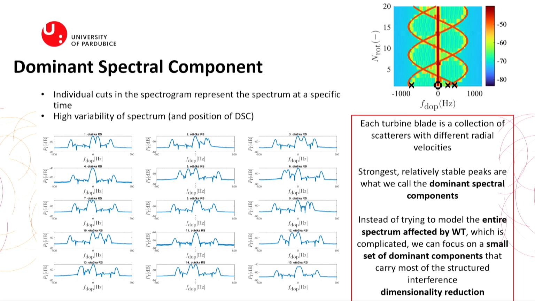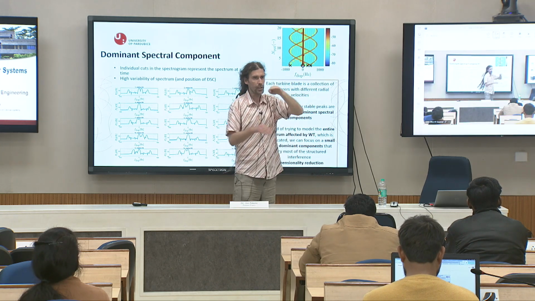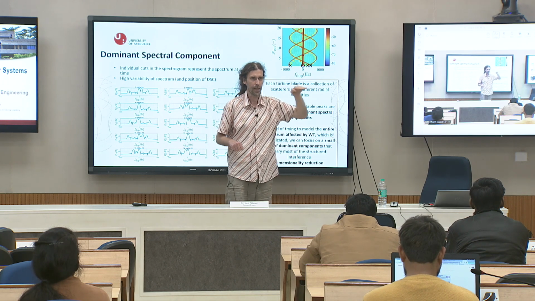Imagine that this is 1 maximum, second, third maximum. If you make a cut like this, the values are always the cross section of this red line.